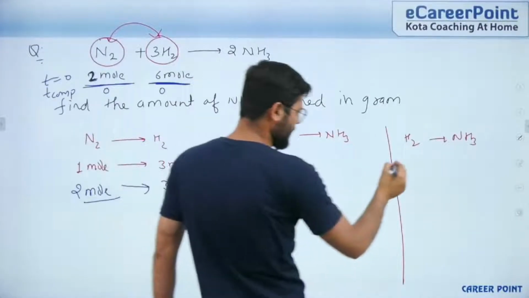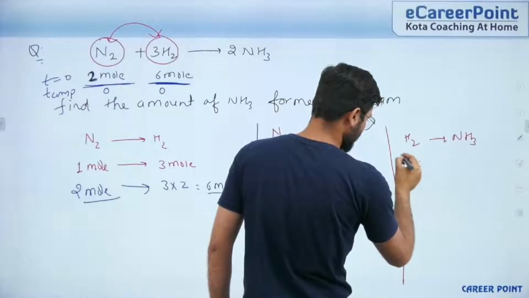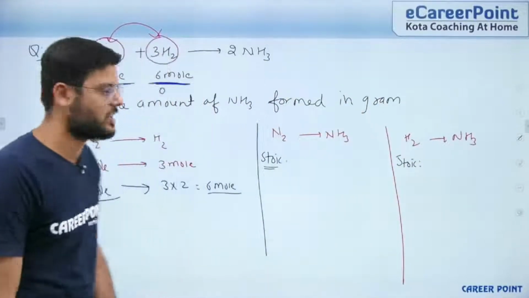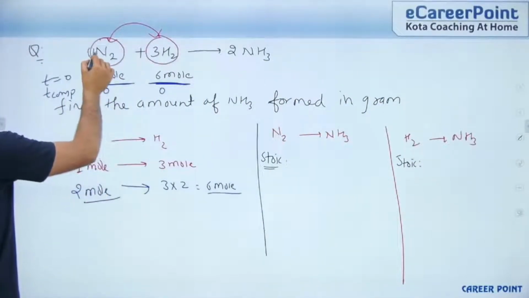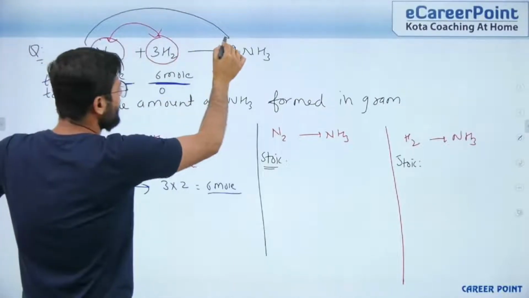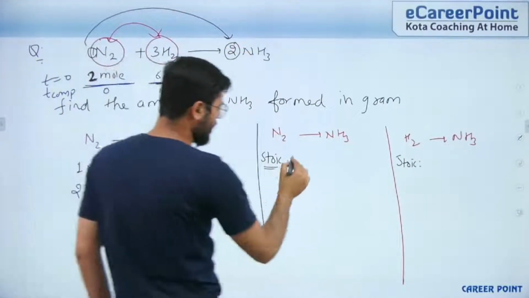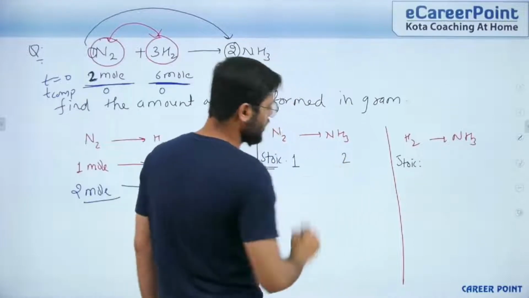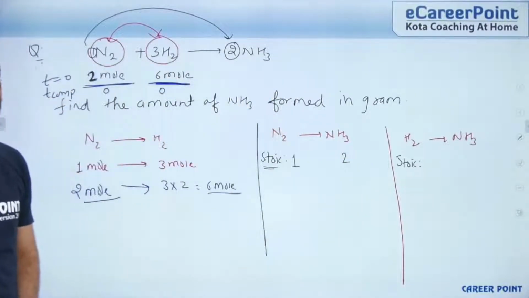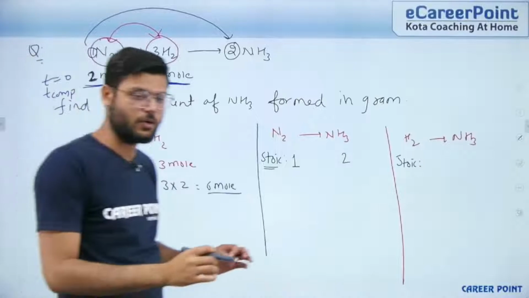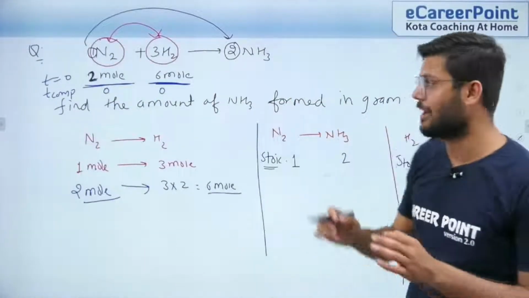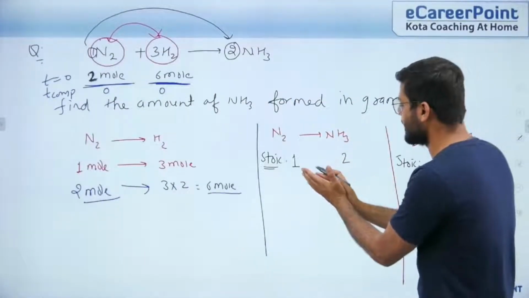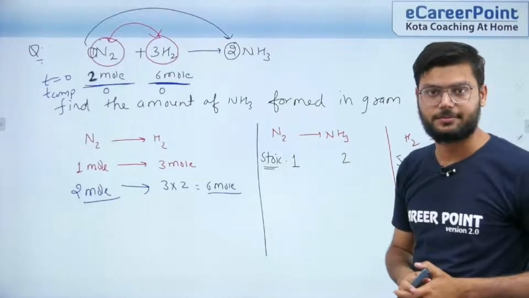That is the importance of stoichiometry. That information is that 1 mole of nitrogen is going to form 2 mole of ammonia. This is the first information we can extract from this reaction.